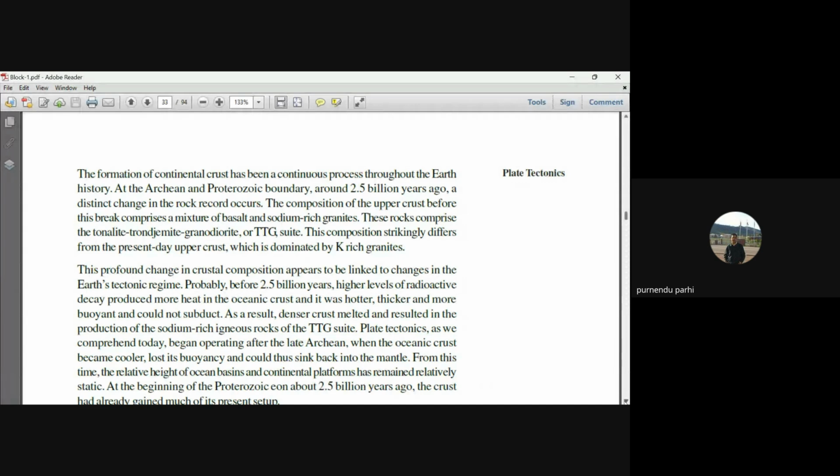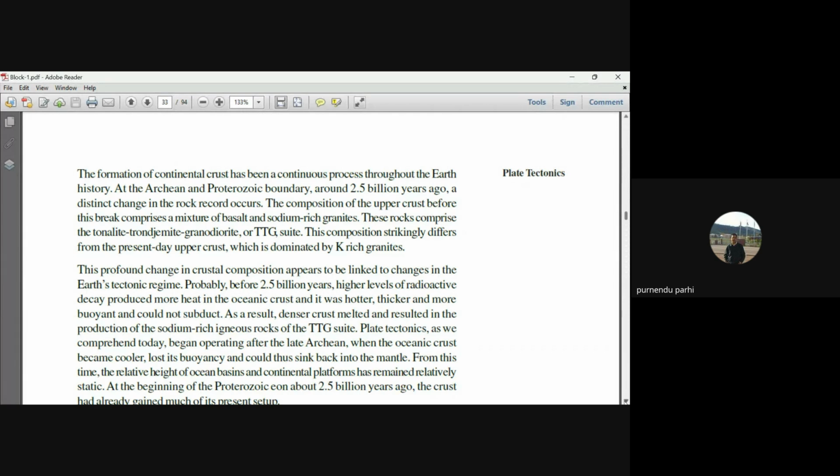This rock comprises the tonalite, trondhjemite, and granodiorite, or TTG suite. The composition strategy differs from the present day upper crust, which is dominated by K-rich granites. This profound change in crustal composition appears to be linked to changes in the Earth's tectonic regime.